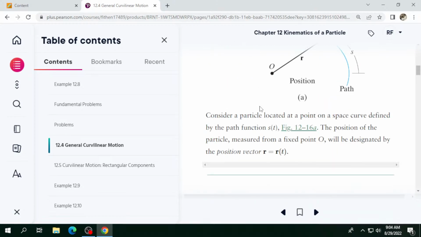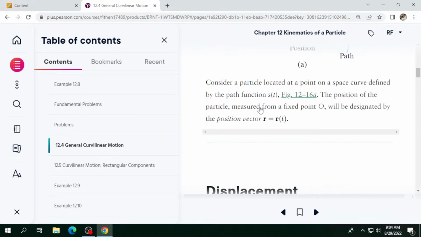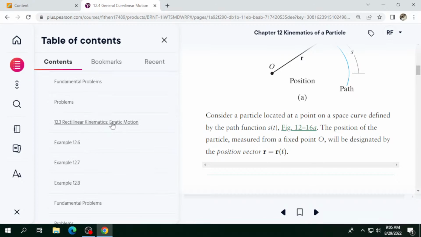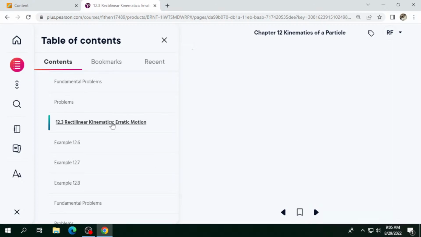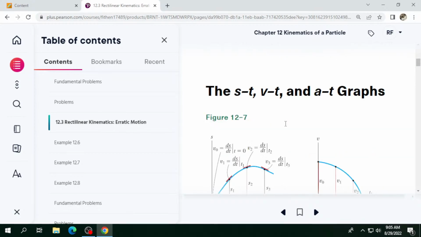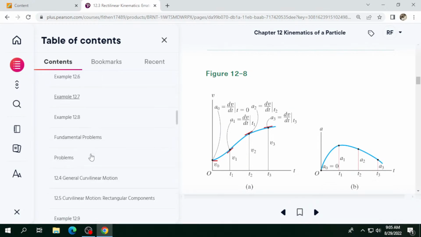So I'm just going to go back and take a look at some of this real quick. This is the erratic motion, has those plots and everything. And he has some examples, fundamental problems, which he puts there. Okay, so he's done one thing.